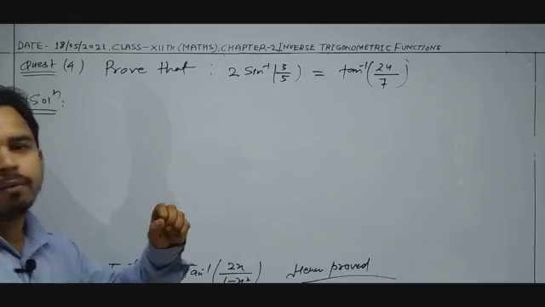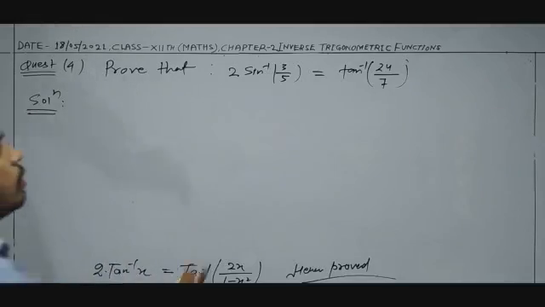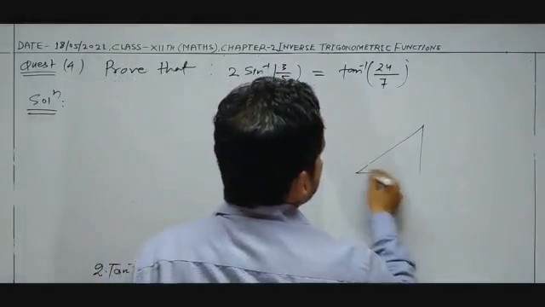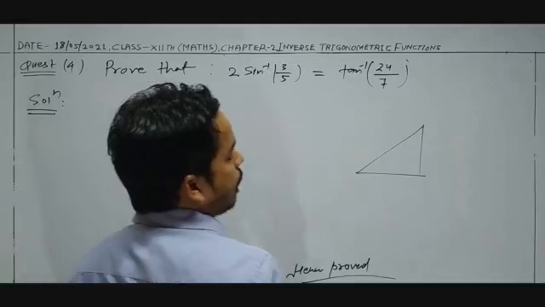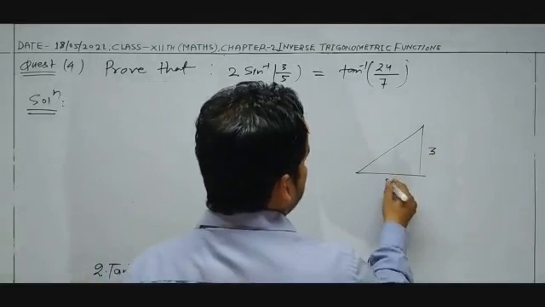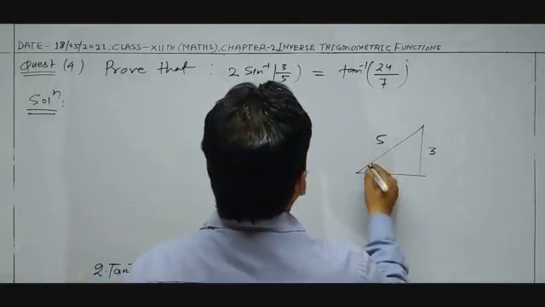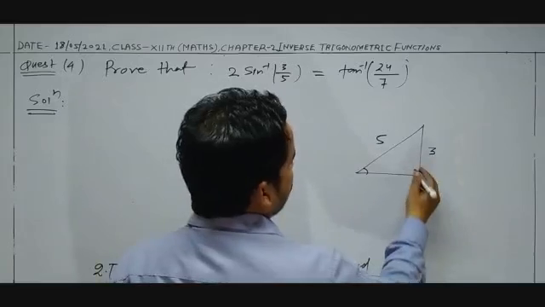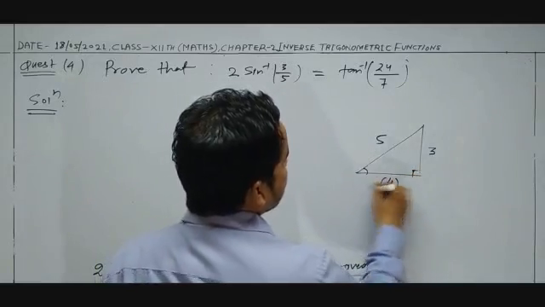This question I will prove by the triangle method. Sine is the ratio of perpendicular upon hypotenuse. So consider the perpendicular and the hypotenuse here, and this is an angle. By the Pythagoras theorem this side will be 4.